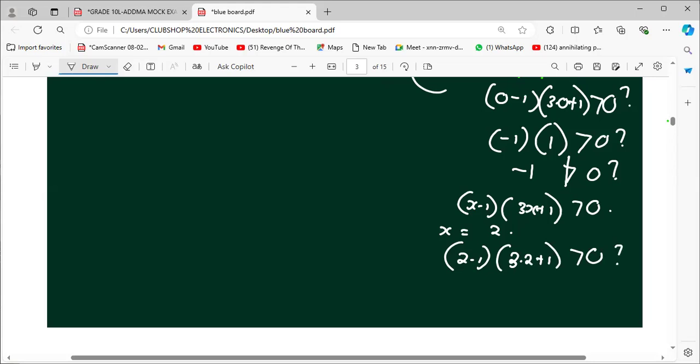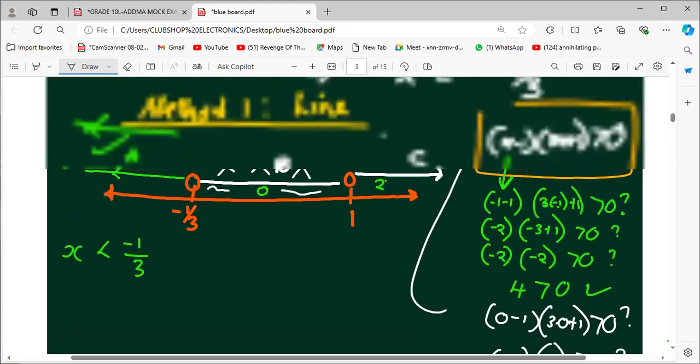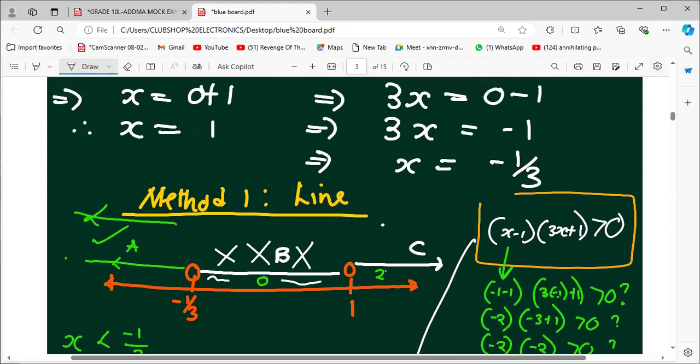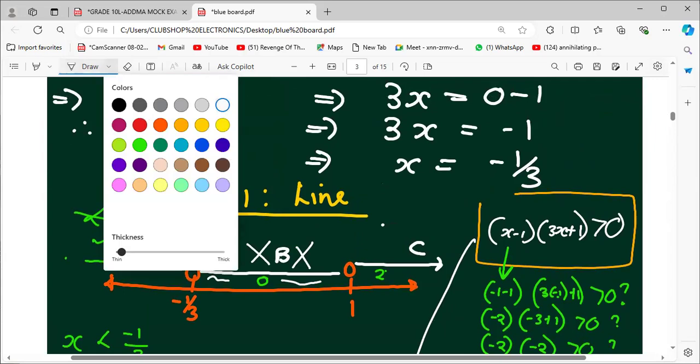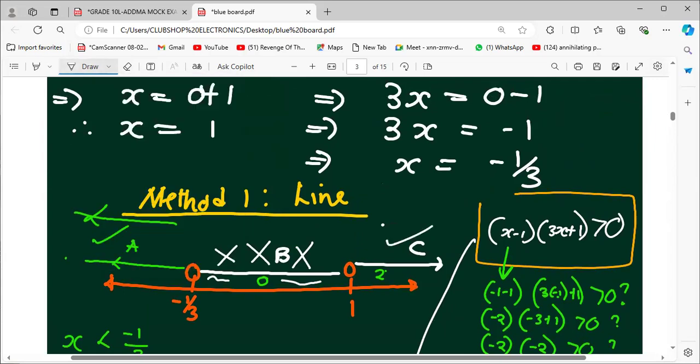So this will be 1 times 6 plus 1, which is 7, greater than 0. Yes, because 1 times 7 is greater than 0. So this area also passes the test. Our solution will come from 1.